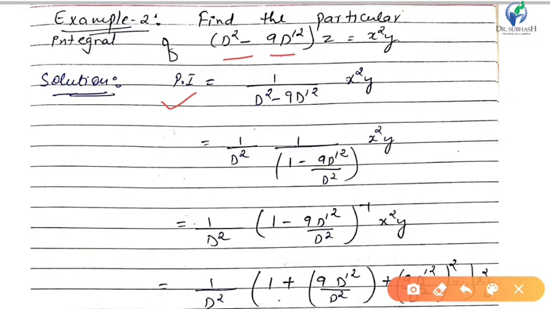As I said in the above example, we can either take D square common or D dash square common. So I am taking D square common, so inside the bracket I will have 1 minus 9 D dash square upon D square. I will take it to the numerator, so this will become inverse.